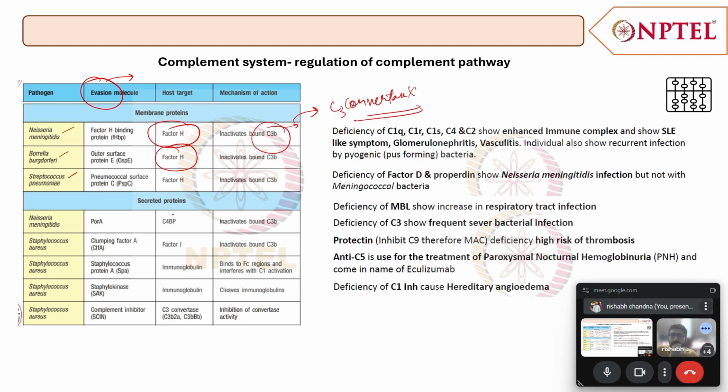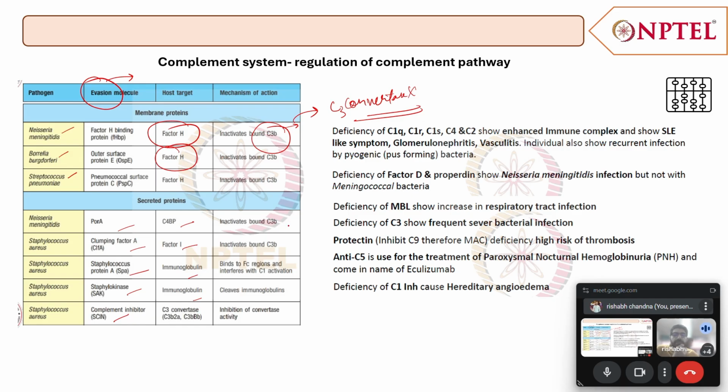Now we have certain secreted proteins from Neisseria and Staphylococcus, like core A, clumping factor A, Staphylococcus protein A, staphylokinase, and complement inhibitor. These are the proteins produced by the bacteria or the fungi, and these affect C4BP, factor I, immunoglobulin, that is the antibodies, and the C3 convertase.